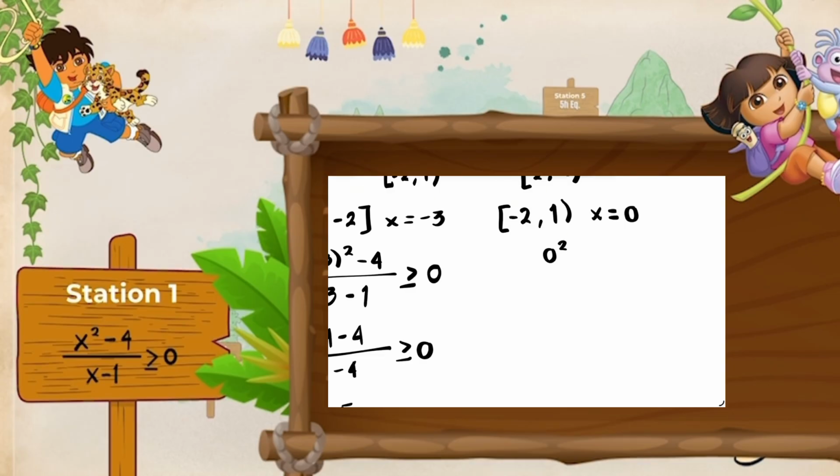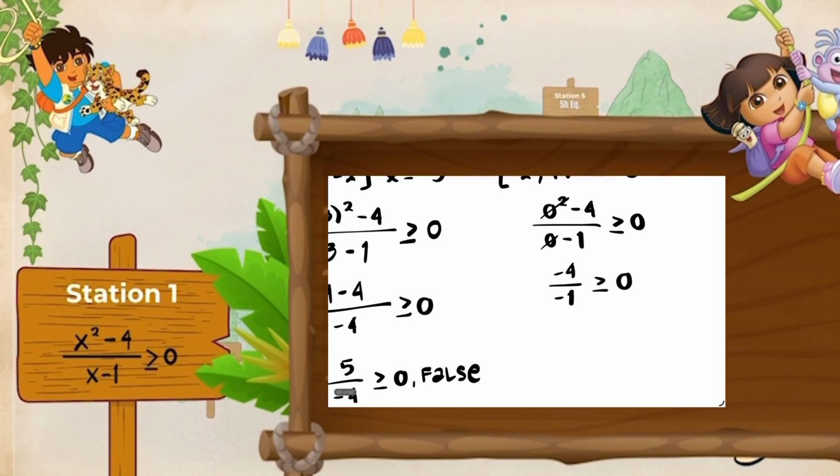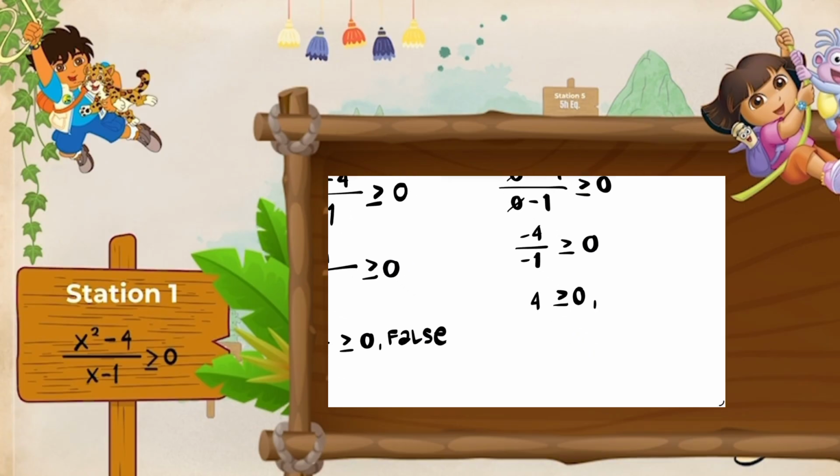So 0 squared minus 4 over 0 minus 1 is greater than or equal to 0. Let's cancel this out and we're left with negative 4 over negative 1. Since they're both negative, it will become positive, and 4 over 1 is 4. 4 is greater than 0, so it's true.